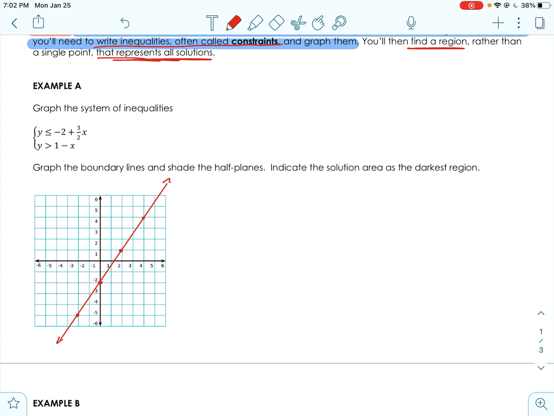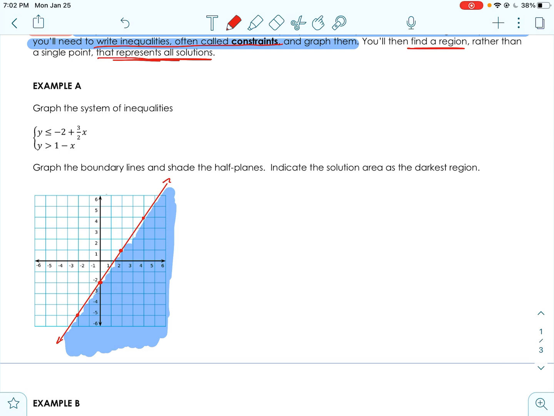After that, since it says y is less than or equal to negative 2 plus 3 halves x, we know that we're going to shade below. And we know that because remember we said when we have something that says less than, that starts with the same letter as lower than or below. So that is our shortcut way of figuring out what to pick.